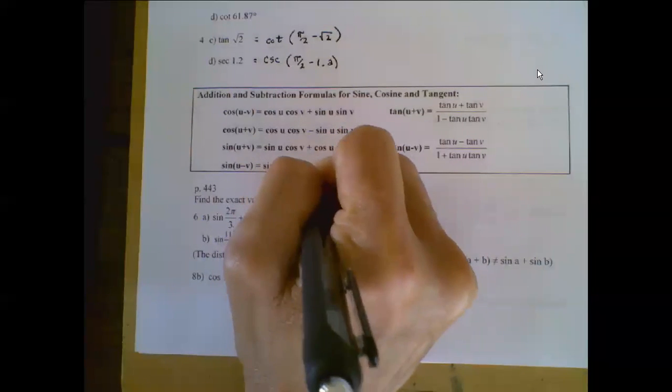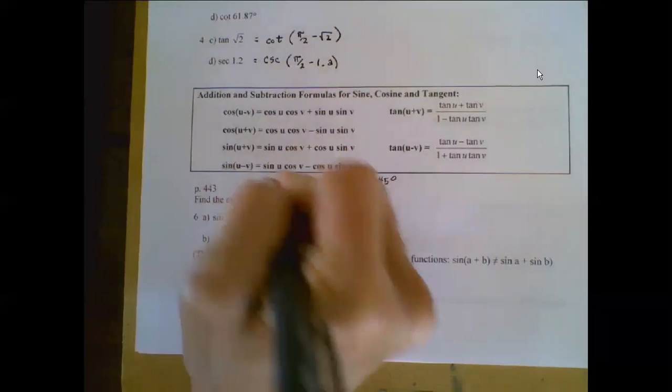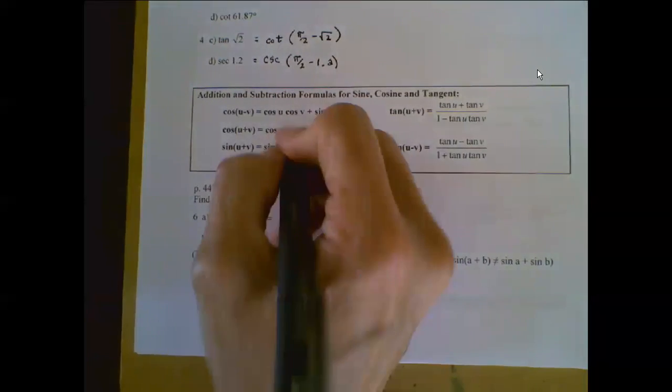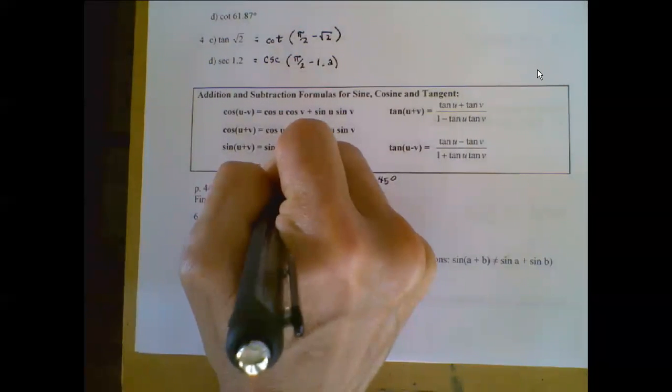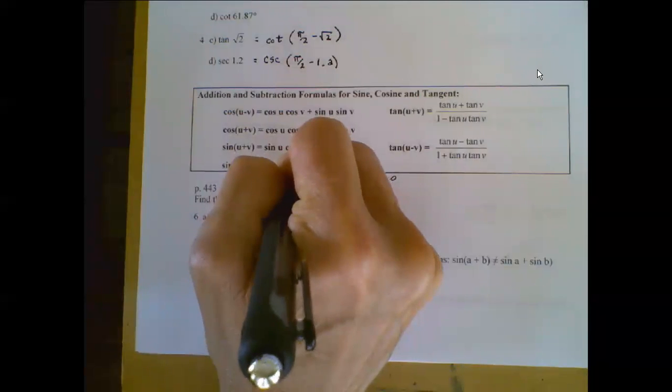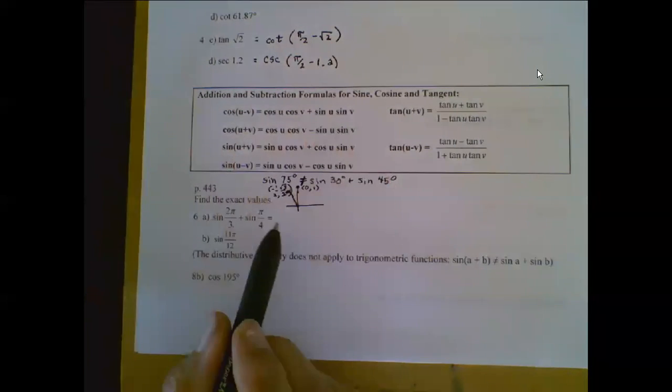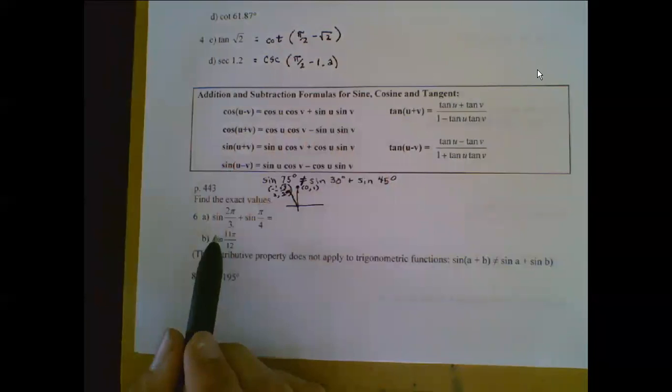This is the ordered pair -1/2, comma, square root of 3 over 2. So what is the sine of 2/3 pi?